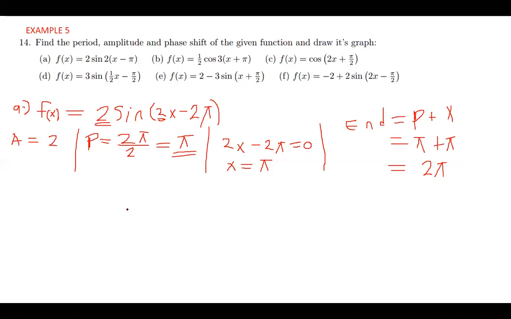So from there, we move on now to sketching the graph. The graph is going to be like this. So you have your 0 there, starting point. Let me just draw it properly. Okay. So you have your 0 there.